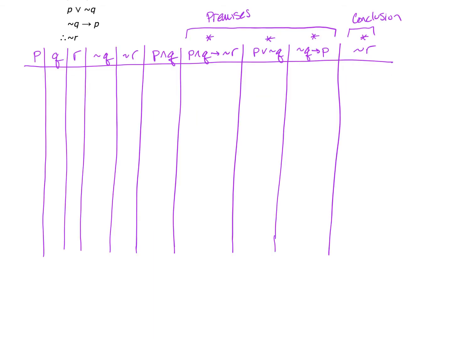All right, so we start, just like in the last problem, by writing down all the possible combinations of truth values for P, Q, and R. So my shortcut when you have P's, Q's, and R's is to write 4 trues, 4 falses for P. And then for Q, you do 2 of each, and they alternate.